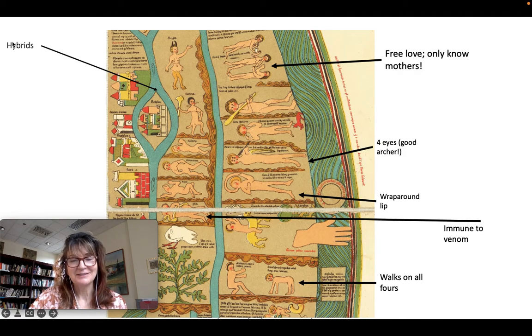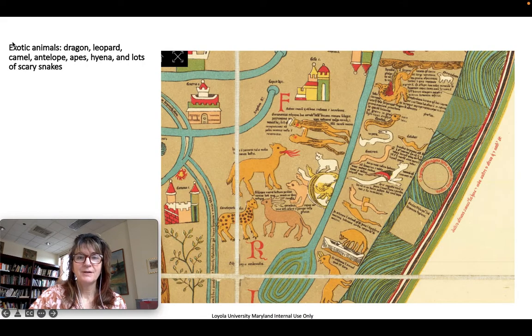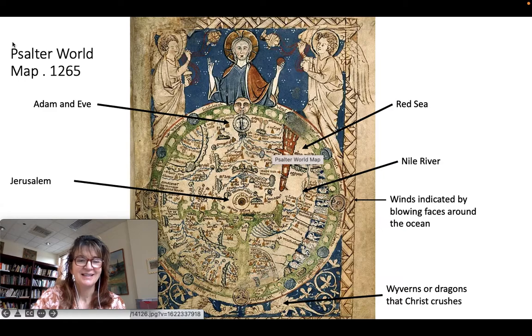And interestingly, although there are a couple figures with sort of darker skin or hair, it's kind of unclear, the map depicts all of the figures in Africa with light skin. The Ebstorf map also depicts a lot of unusual creatures, at least unusual to Europeans. We have apes and camels, crocodiles, dragons, elephants, hyenas, salamanders, satyrs, and a wide range of really terrifying snakes.